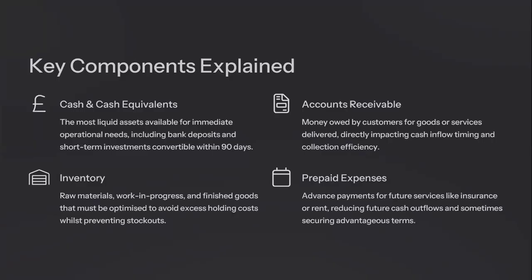And the last one is prepaid expenses. These are the advance payments we have made for future service. So whatever advance payments we have made for future service are also recognized as prepaid and are part of current assets.